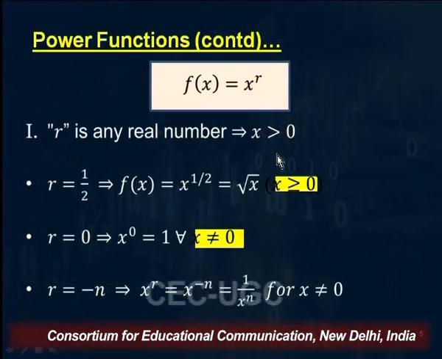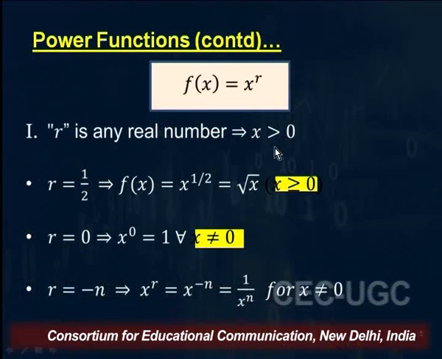Now you might argue that when we draw graphs, let's say r is equal to 2, we draw a graph of x squared, which is a quadratic function, or if we take r equal to 3, in these graphs we take x to be any real number. So remember that that is also possible. We can relax the restrictions on x, so we can take x to be a larger set and not just confine ourselves to x being positive.